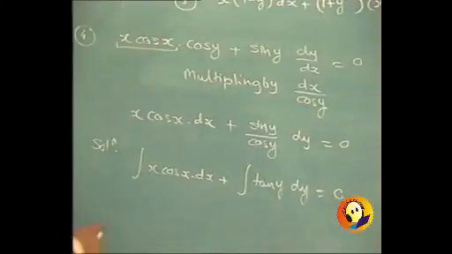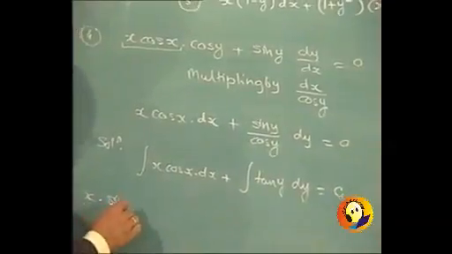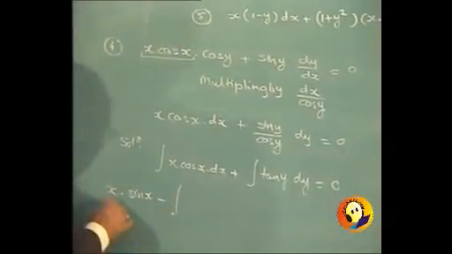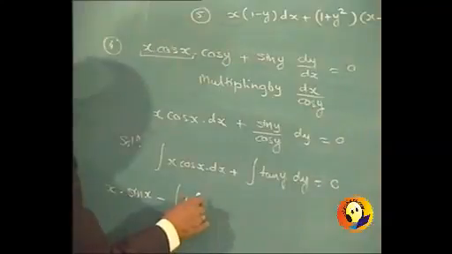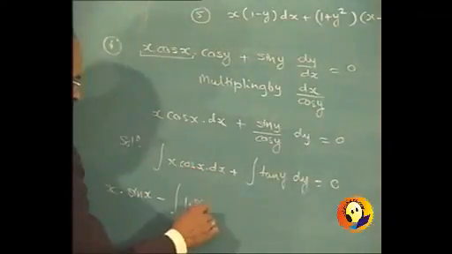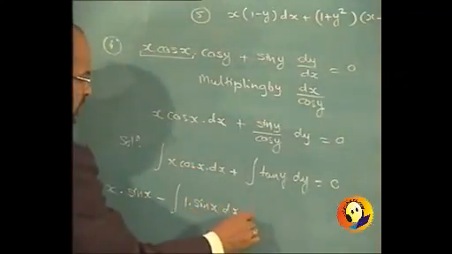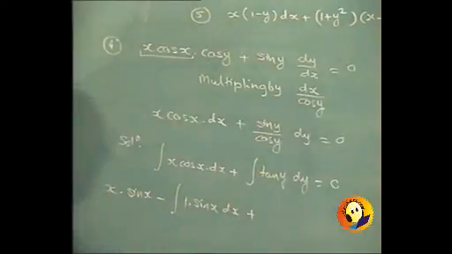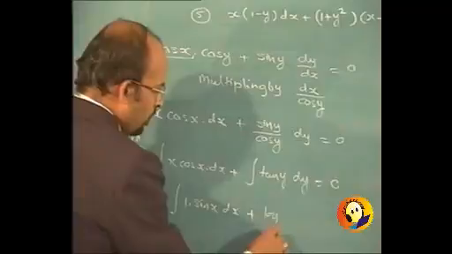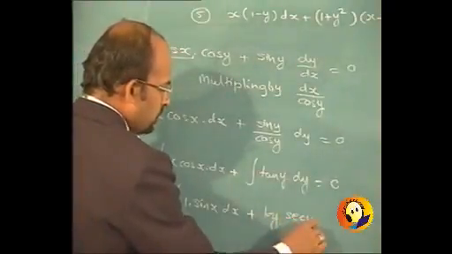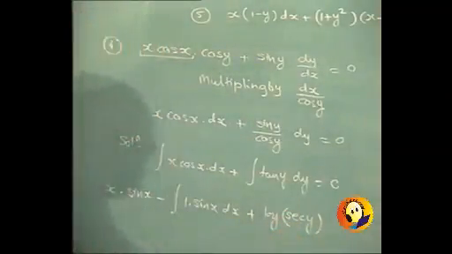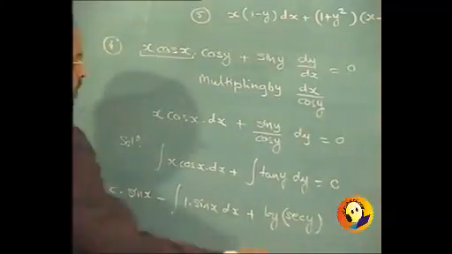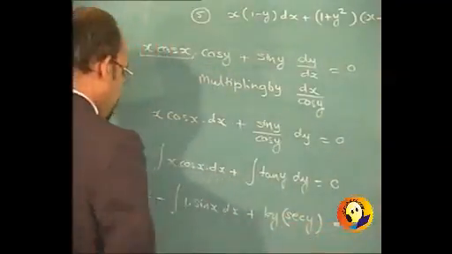X cos x should be integrated by parts, that is retain first, integration of cos x is sin x, minus integral of differentiation of first, that is 1, into integration of cos x, which is sin x, dx, plus integration of tan y is log of sec y equal to the constant of integration c.